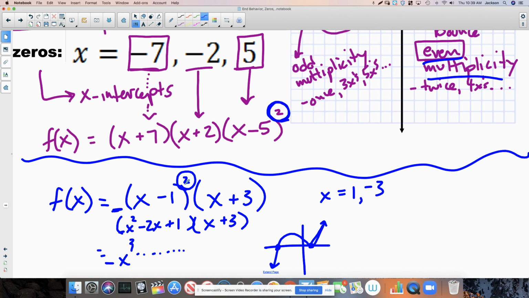It all comes down to looking at the exponent for these factors, okay? Looking at the leading coefficient and understanding end behavior. So that's how we can use the multiplicity of zeros to determine what a graph might look like, okay? So when we talk about multiplicity, we're talking about, does it bounce or does it cross? And we're looking at the exponent for the binomial that is this linear factor.